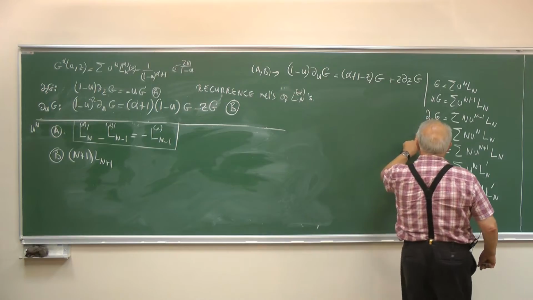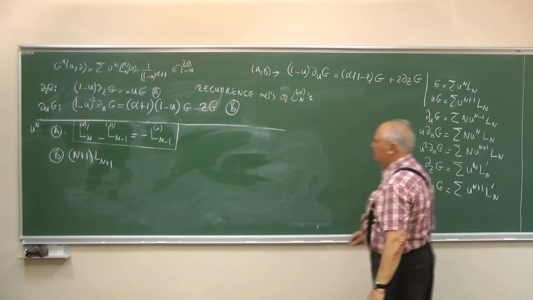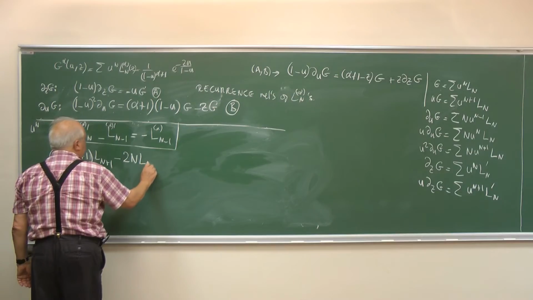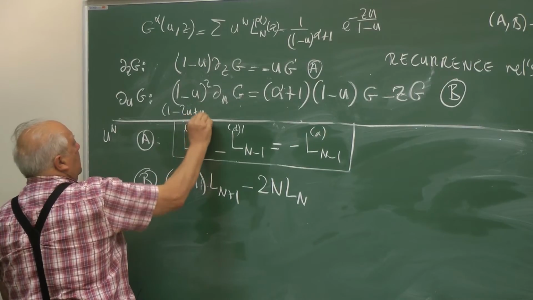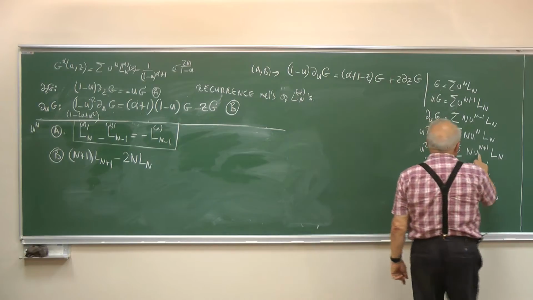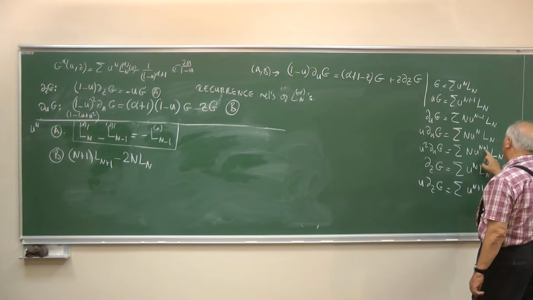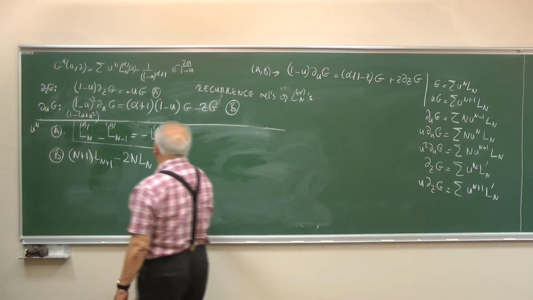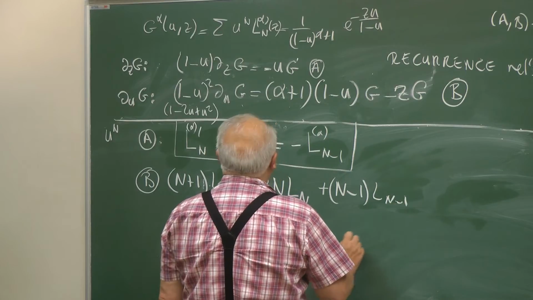Here, this is already u^n, so minus 2n L_n. Plus u square, namely when we open it up, plus u square. This is now n plus 1. So to get to u^n, I must use n minus 1. N minus 1 plus 1 is n. So this is plus (n minus 1) L_(n-1).